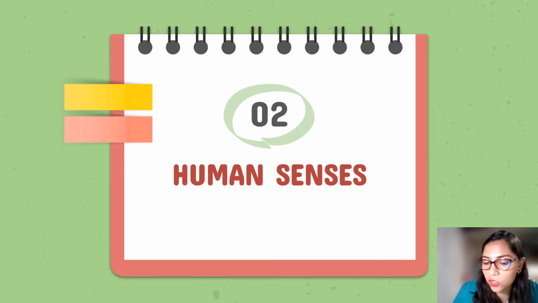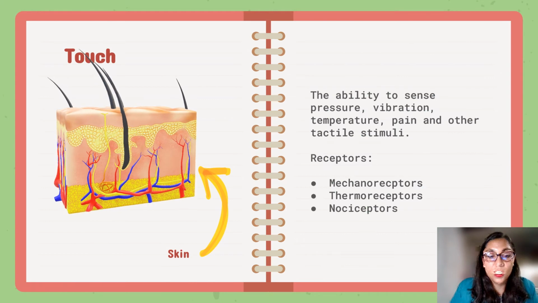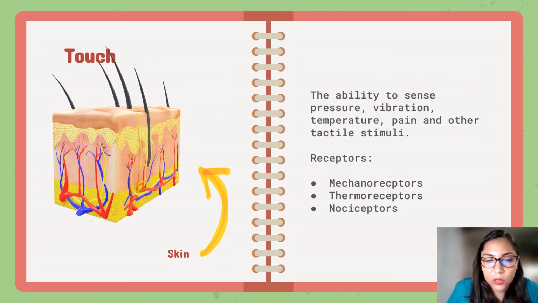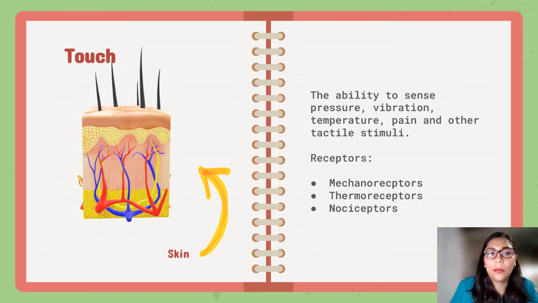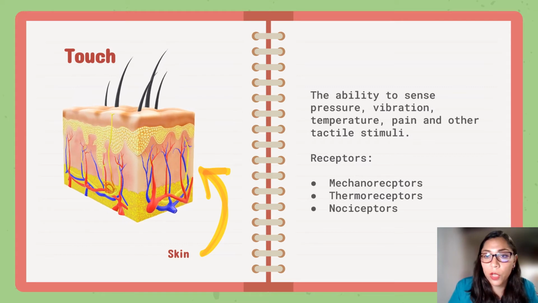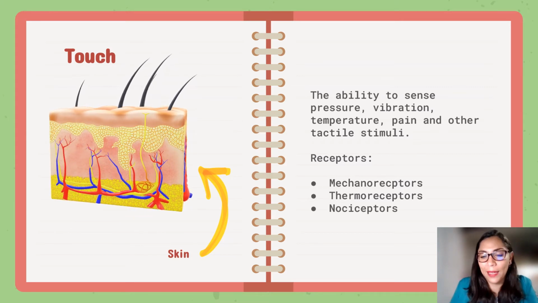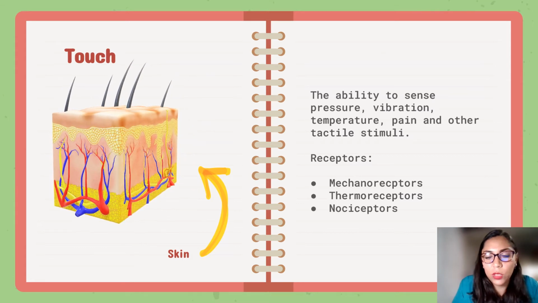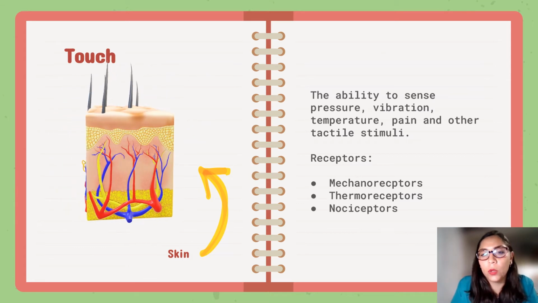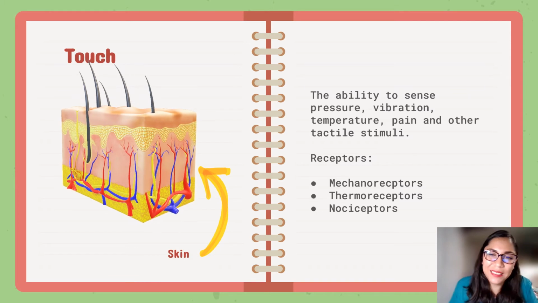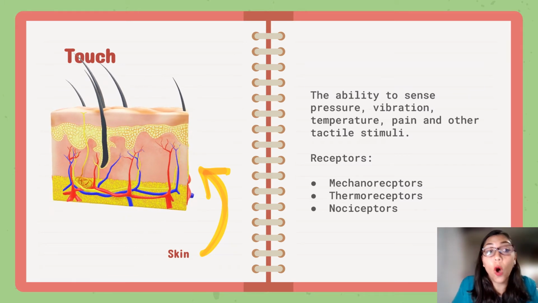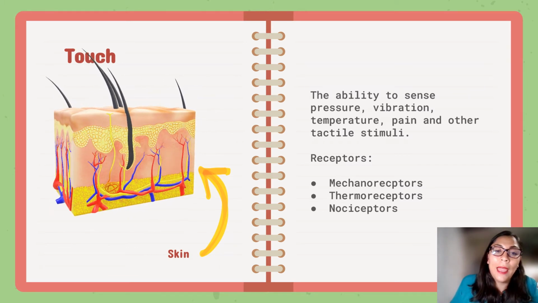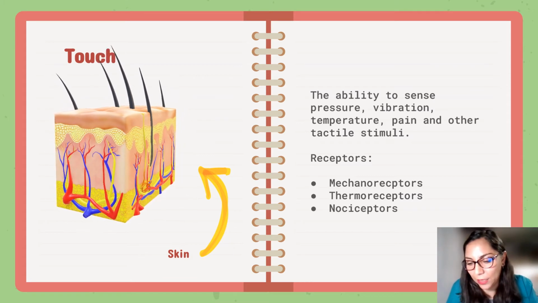Now we're going to talk about human senses. Now we're going to talk about touch. Touch is the ability to sense pressure, vibration, temperature, pain, and other tactile stimuli. These types of stimuli are detected by mechanoreceptors, thermoreceptors, and nociceptors all over the body, principally in our skin.